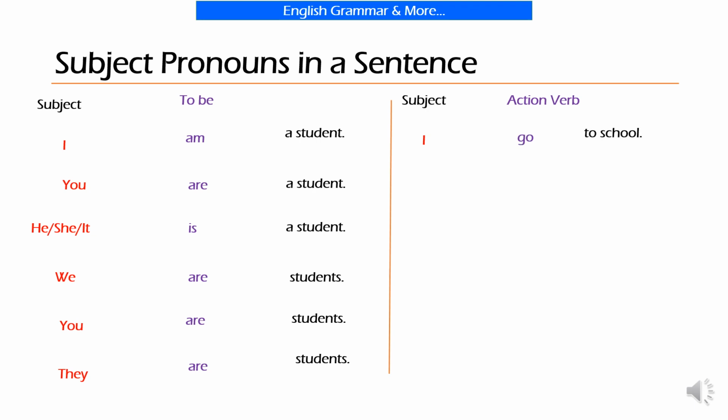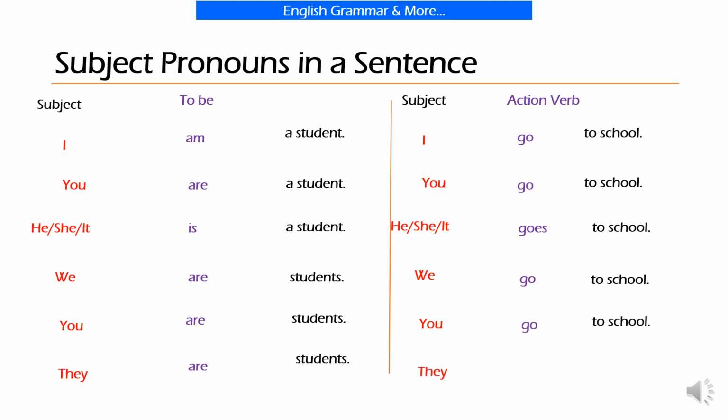Or, I go to school, you go to school, she goes to school, we go to school, you go to school, they go to school.